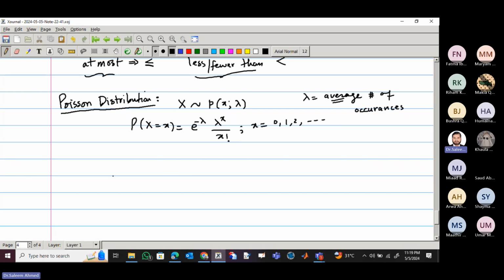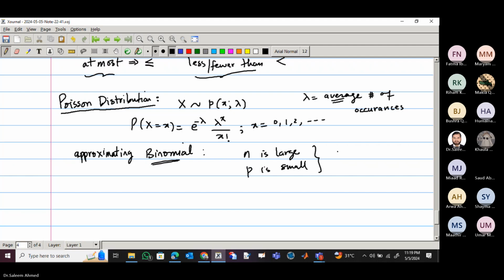Important thing in Poisson distribution is this: we can approximate a binomial distribution using Poisson. When? If n is large and p is small, so that np is moderate, less than or equal to 10, not very big.